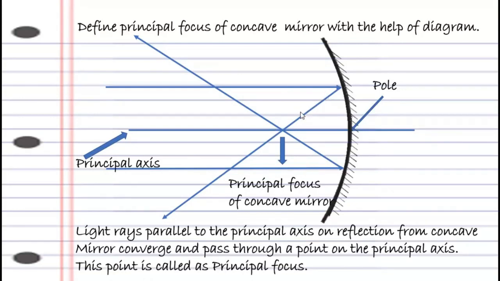On reflection, they pass through a single point on the principal axis, and this point is called the principal focus. So this is the answer for the definition of principal focus of a concave mirror with the help of a diagram. Right? In the next video, we shall see how we can define the principal focus of a convex mirror.